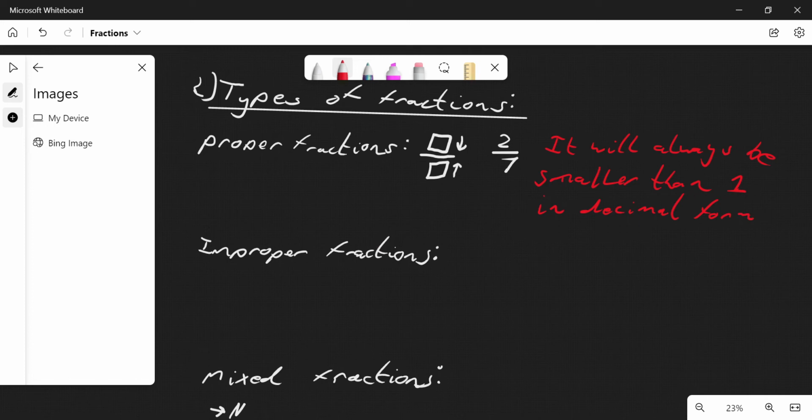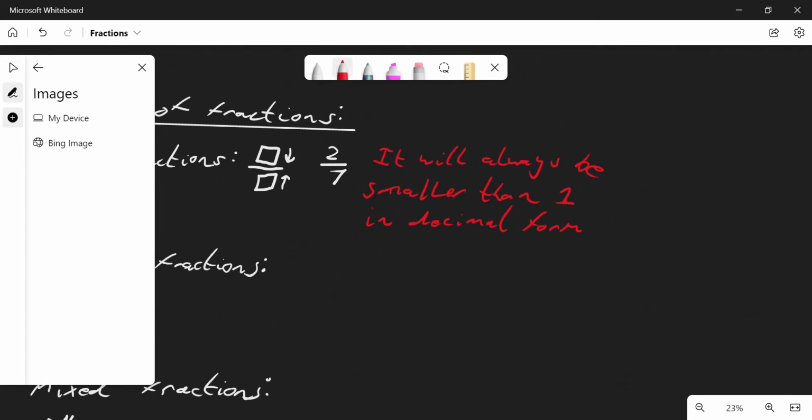All right, so what does that mean? If I put 2/7 in my calculator and convert that to a decimal, I find that 2/7 is a long decimal. It's 0.285, and it goes on and on and on, right?